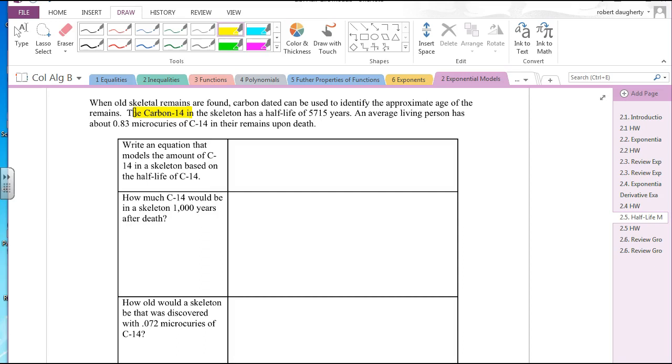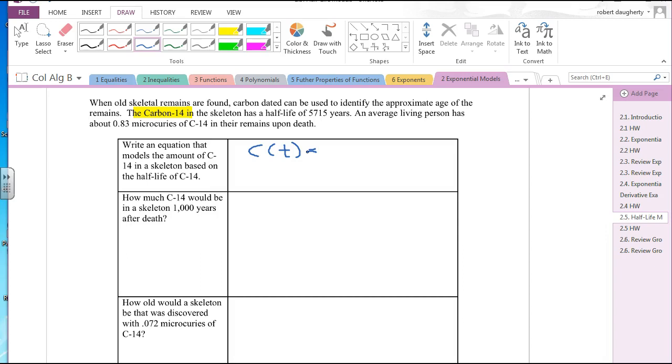So we'll say that C of T, so it's based on time, is the amount of carbon that I have left. What is the initial amount that's in a skeleton when you die? This is all glamorous stuff. What does the model say?